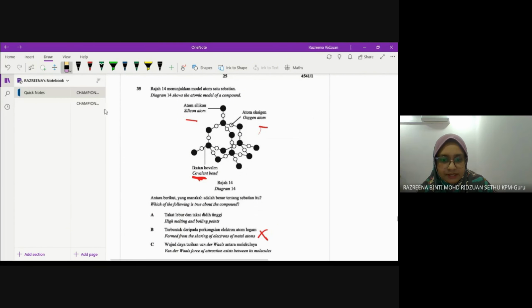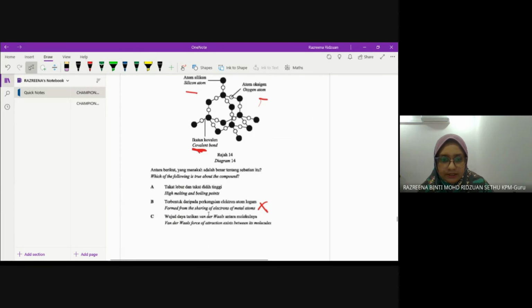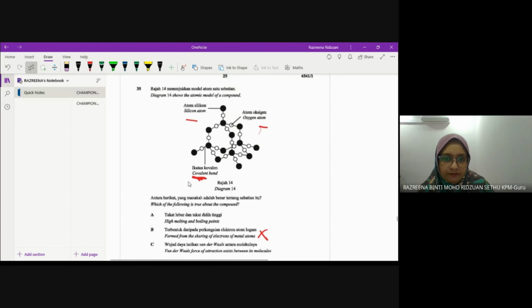Van der Waals forces exist between molecule. Van der Waals forces. Okay, let's look at D. Oh, there's no D, only C. Okay. You can't really say because you are not sure here, but if you look at this model, this is actually a covalent, it's a big molecule.